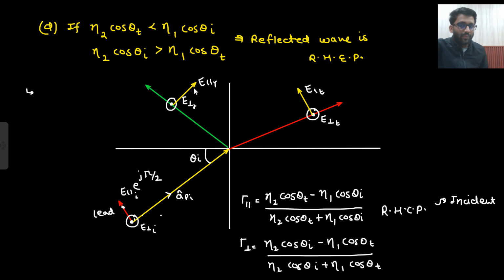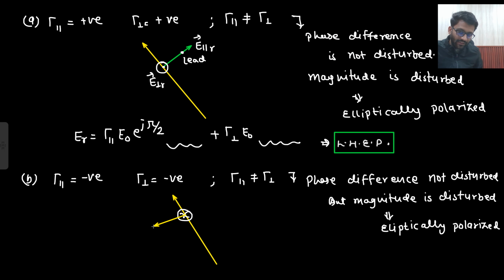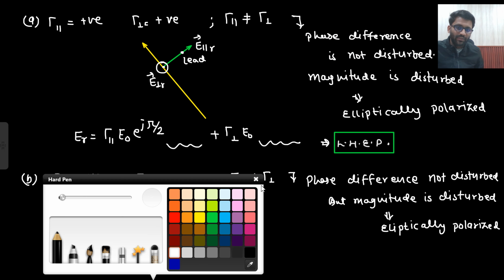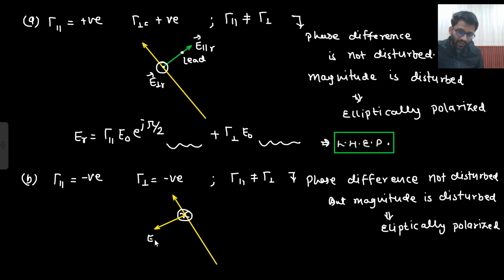And here we assumed the parallel component to be in this direction. The parallel component could be either here or here. Since gamma parallel is negative, actually it would have been somewhere here. So this is the parallel component of the reflected field, and this is the perpendicular component of the reflected field.